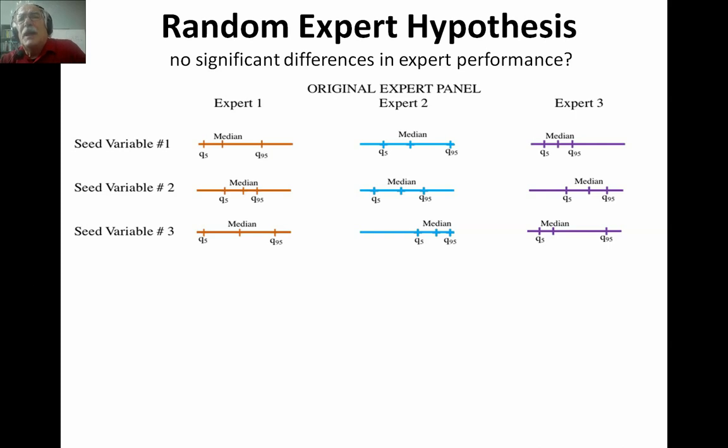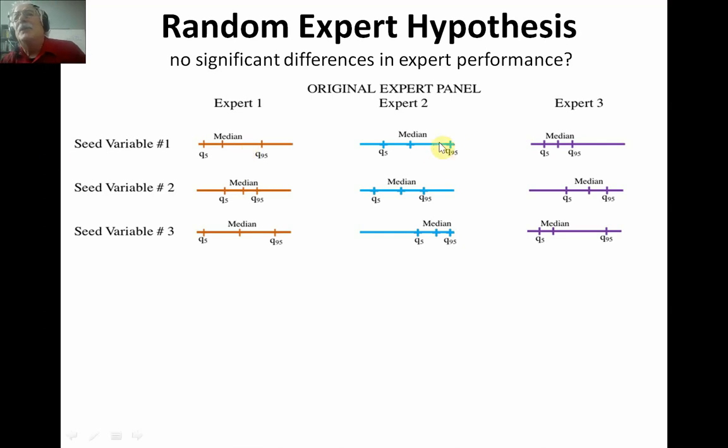Now, the random expert hypothesis says, well, look, this orange expert here, number 1, he may have just gotten lucky in the sense that he read an article yesterday in which the calibration variables happened to be described, so he had a very good familiarity.